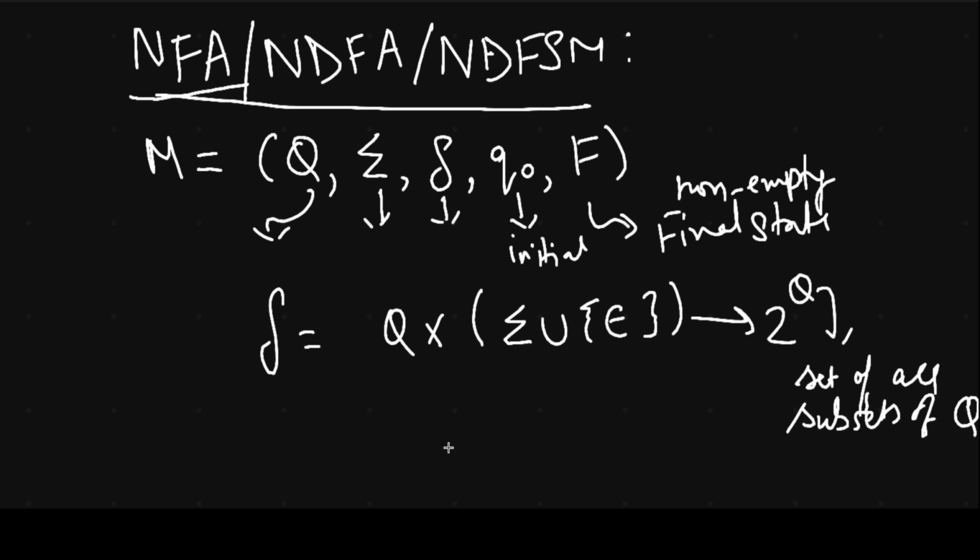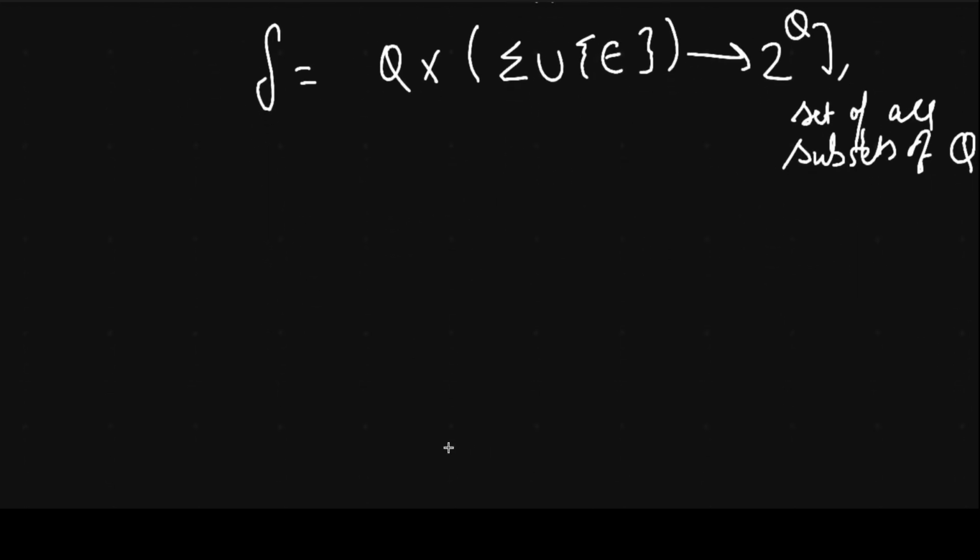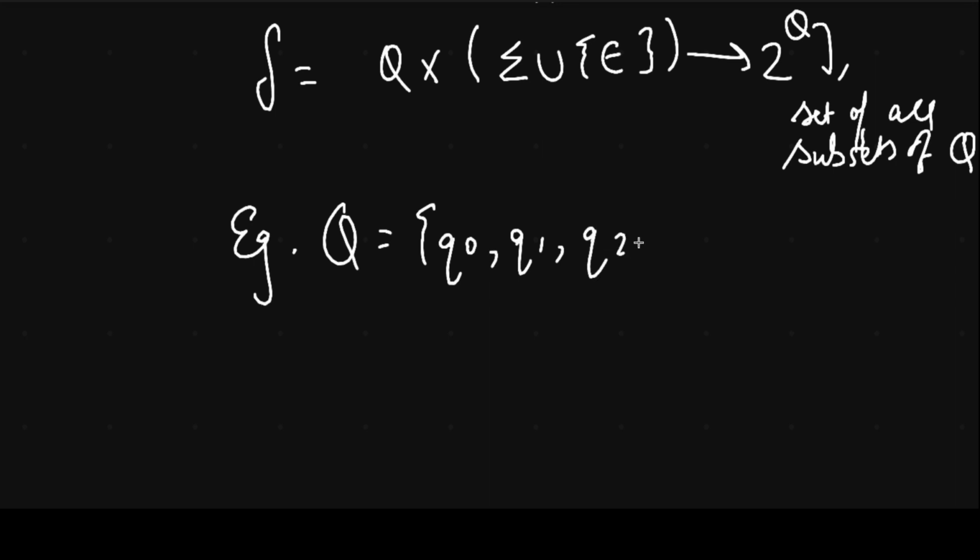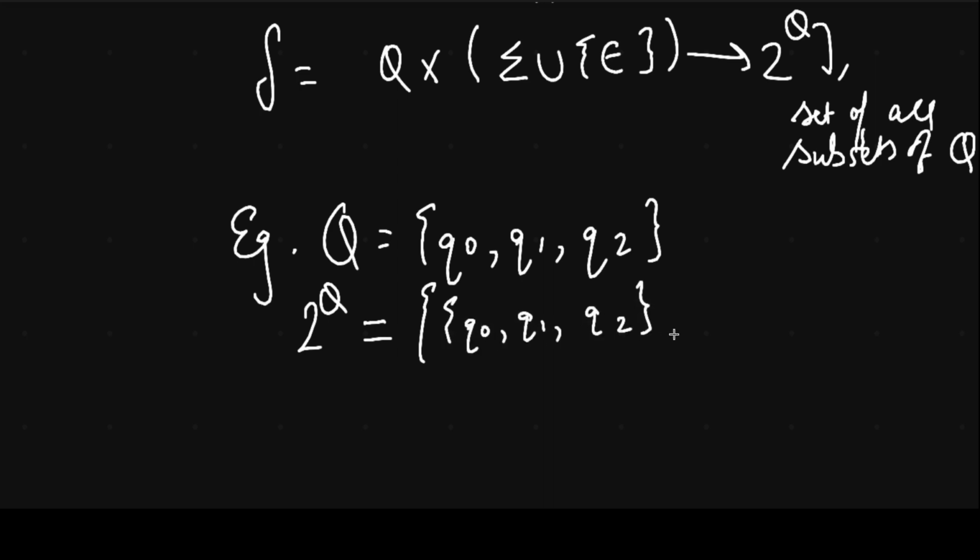Okay, now let me take an example to explain this. For example, Q is equal to Q0, Q1, Q2. So the power set of this would be: first it will contain all these elements, that is Q0, Q1, Q2. It will contain Q0, Q1. It will contain Q1, Q2.